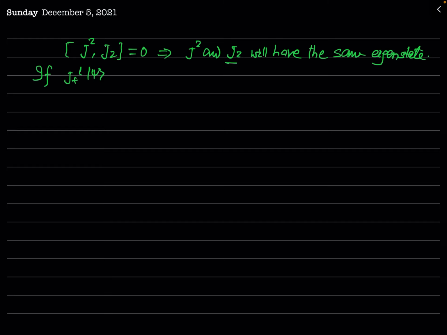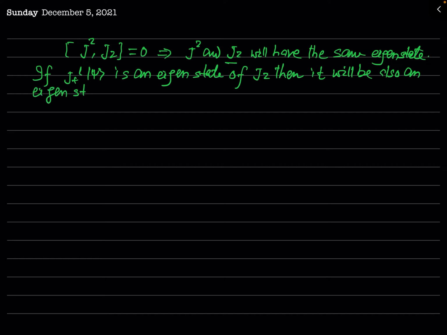So if j plus L k psi is an eigenstate of jz, then it will be also an eigenstate of j square because these two operators commute.